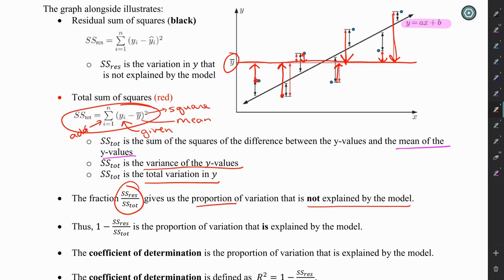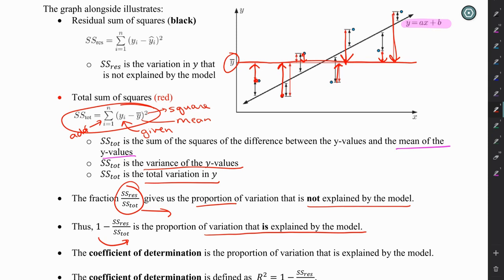Out of the total variation, the bottom, from that mean, if we put the sum of the squared residuals on top, that's the proportion of the variation that's not explained by the model. If we take 1 minus that value, that's the proportion of the variation that is explained by the model.